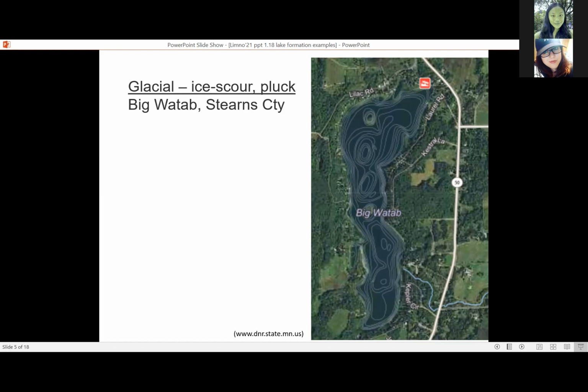So this was taken as potentially an example of a lake that was at least deepened by glacial plucking, which belongs to the larger category of ice scour or ice gouge kind of lakes. Not many examples. Many of them are debatable as to whether scouring or plucking was really a role in Minnesota.